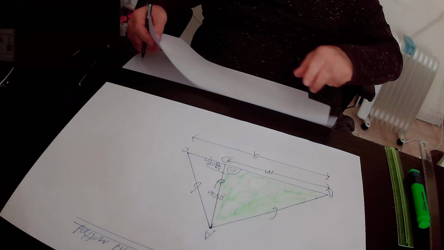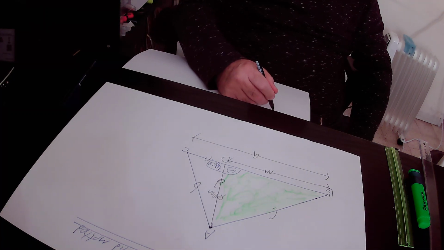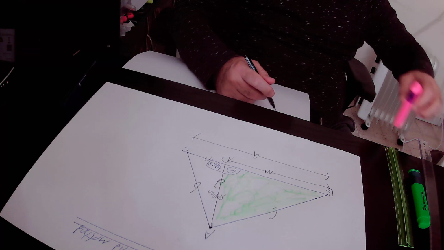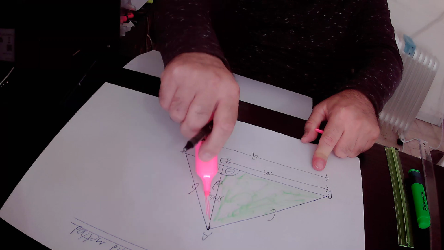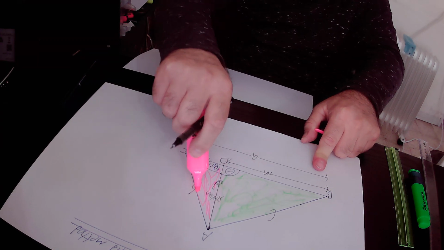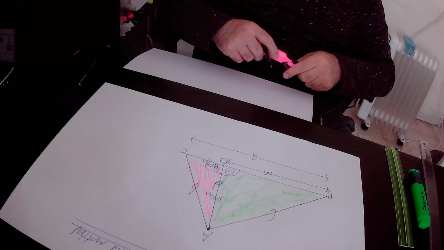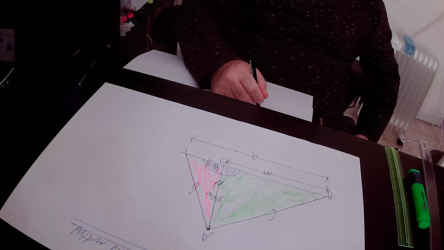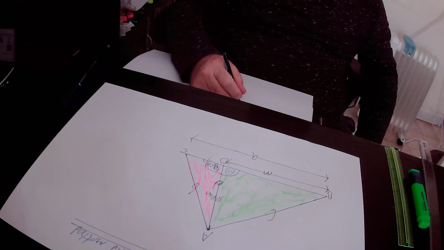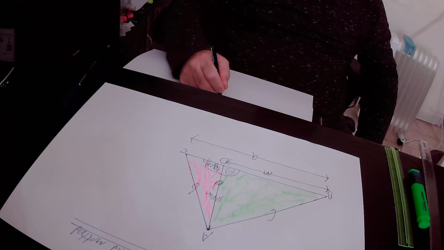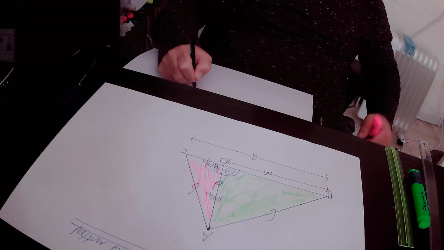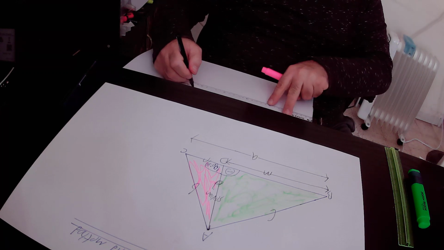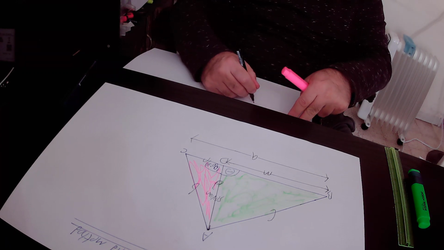In the next step, we'll implement the law of cosines in this pink triangle, triangle ADC. In the pink triangle, triangle ADC, according to the law of cosines, this will be equation number 2.